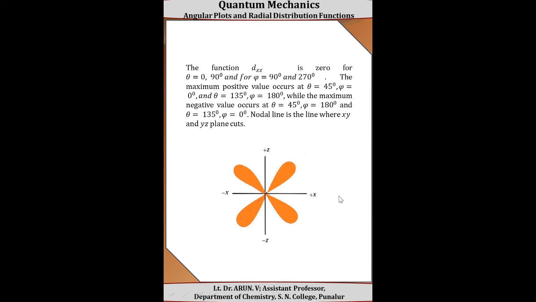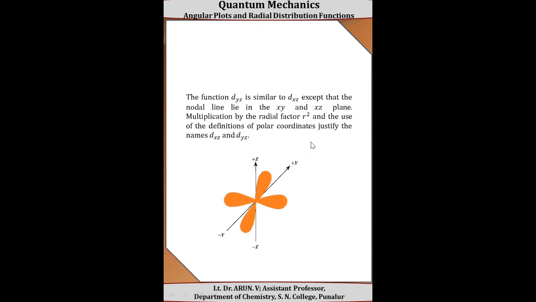While maximum negative value occurs when theta is equal to 45 degree and phi is equal to 180 degree, and theta is equal to 135 degree and phi is equal to 0 degree. Here the nodal planes are the xy and yz planes which cut each other. The dyz is similar to dxz except that the nodal planes are the xy and xz planes.